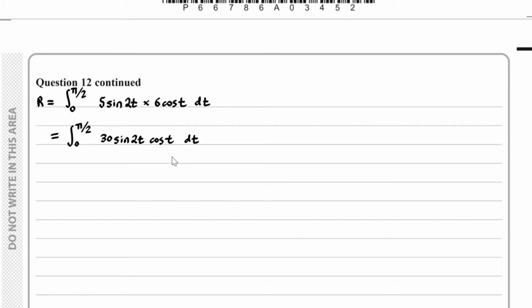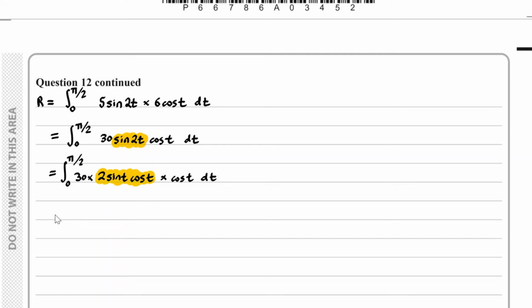And sine 2t we can rewrite as 2 sine t cos t. So this result here is what sine 2t is. So we have the integral from 0 to pi over 2 of 30 multiplied by 2 sine t cos t, multiplied by cos t dt.